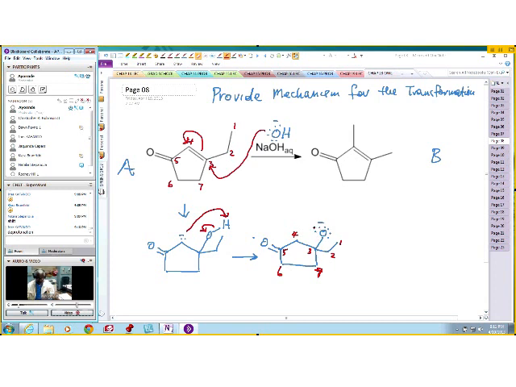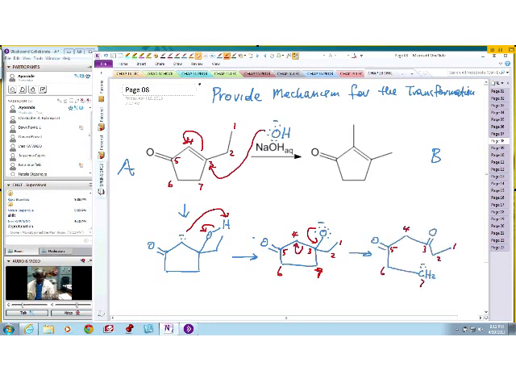We're going to form a carbonyl here, and once you form that carbonyl, therefore there is going to be a shift. You get a shift. What you get is going to form the enolate anion. So therefore, this is still here.